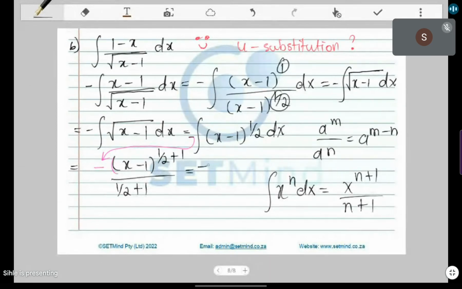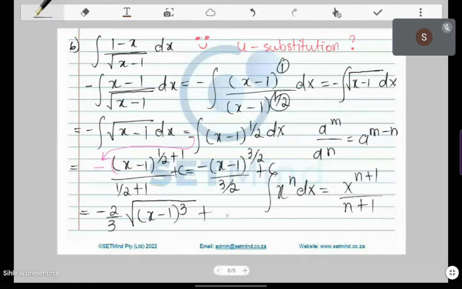So essentially the answer is negative (x - 1) to the 3 over 2 divided by 3 over 2, and the final plus c. Don't forget c because people are emotional about c. Makes sense why. So the final answer is going to be negative 2 over 3 multiplied by the square root of (x - 1) cubed plus c.